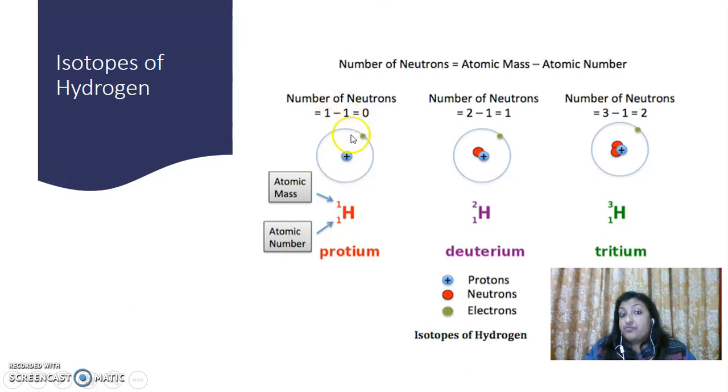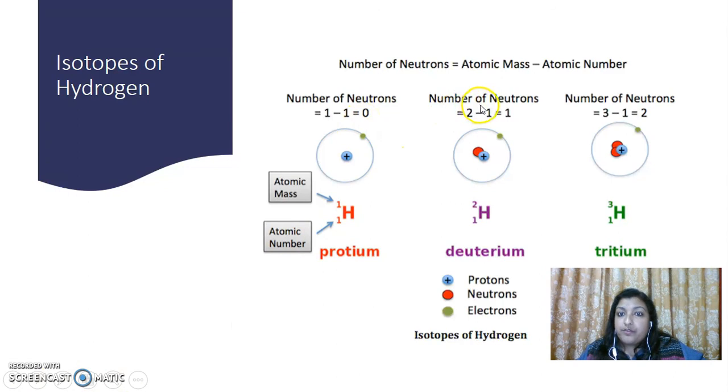As I told you, to calculate the number of neutrons, you subtract the atomic number from the mass number. So, for example, the mass number is 1, and you subtract the atomic number 1, which comes to 0 neutrons.